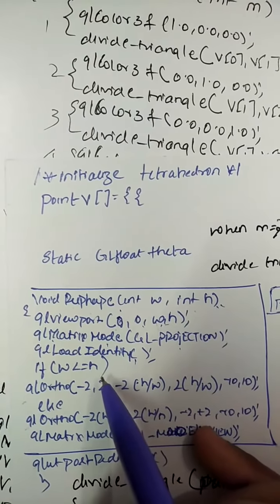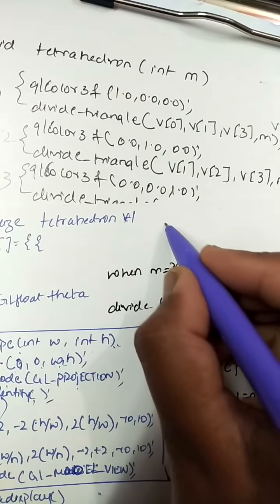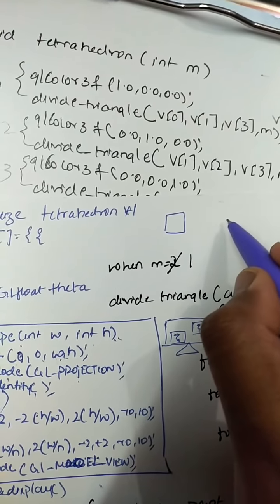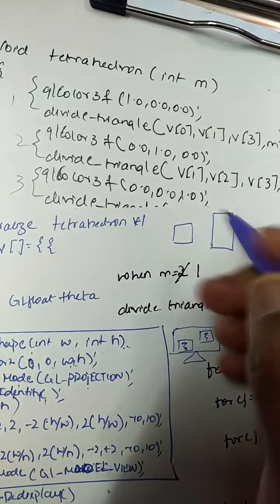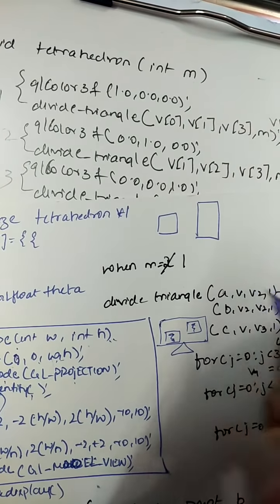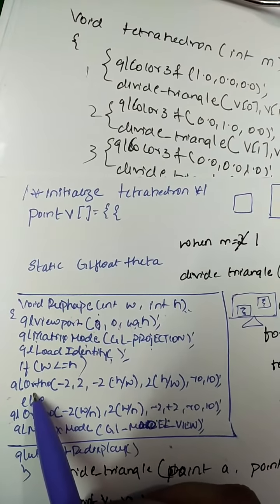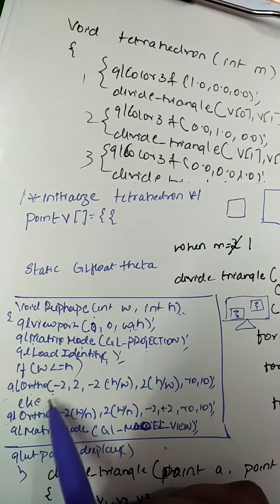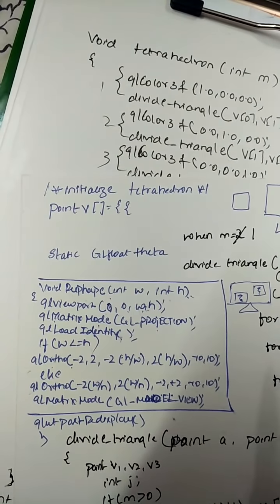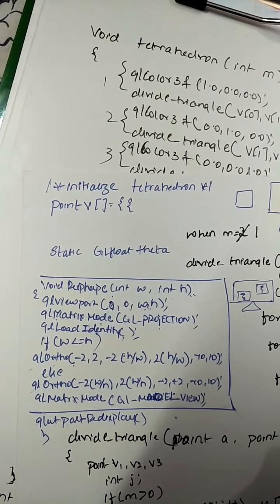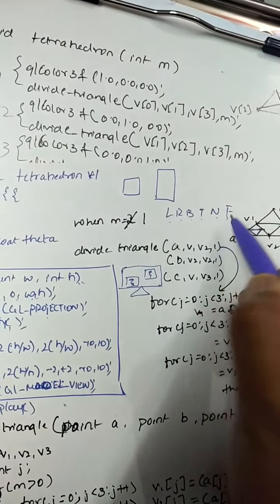If the width is less than or equal to height, means assume this is a square. If the height has become more on stretching the output screen, then GL ortho has parameters left, right, bottom, top, near and far.